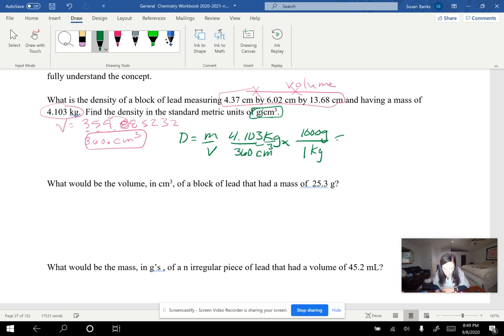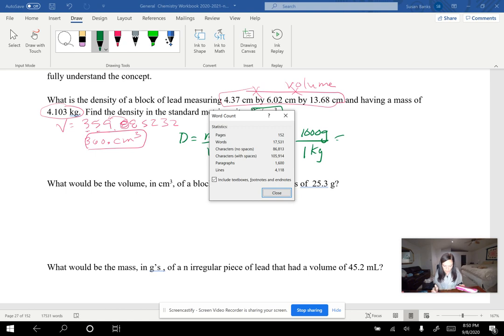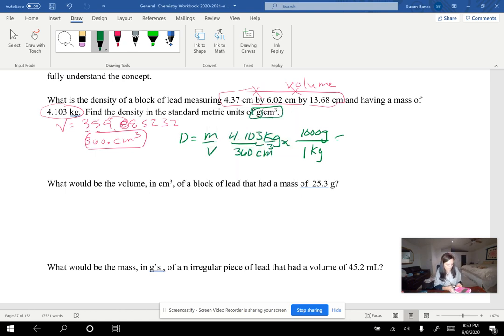So here we go. I'm going to take 4.103 and divide it by 360 and also multiply that by 1,000. So 4.103, and I'm going to multiply by 1,000 and divide by 360.